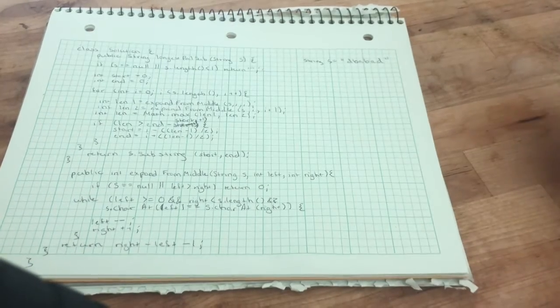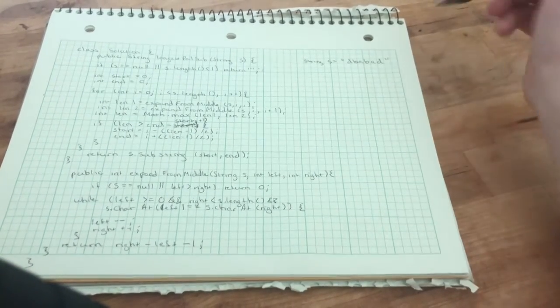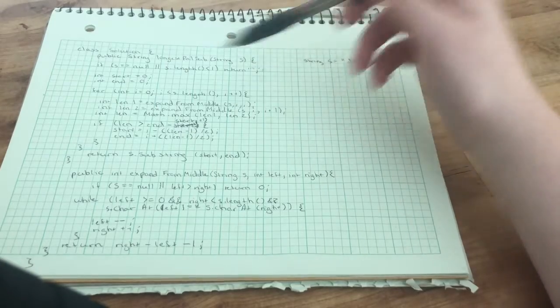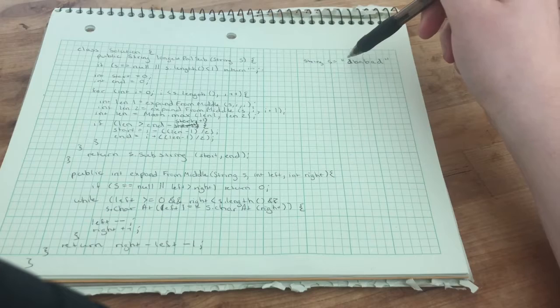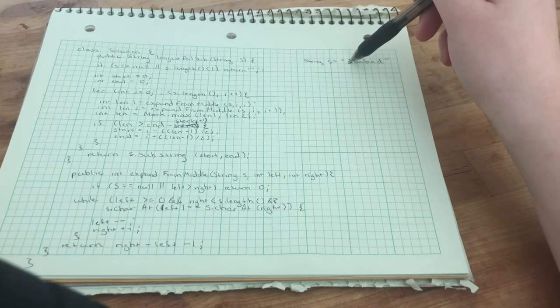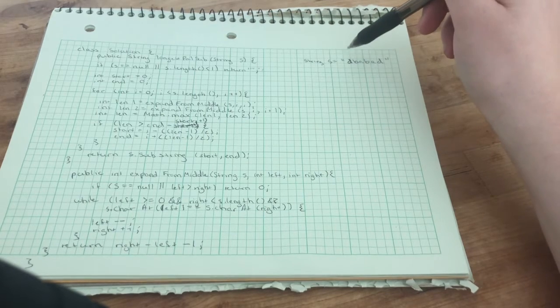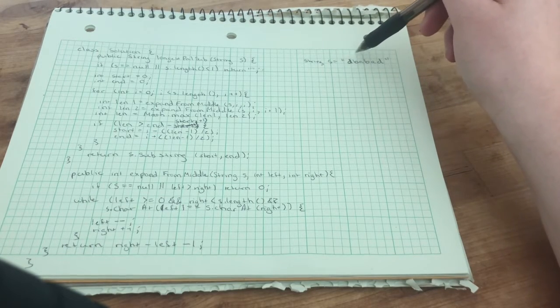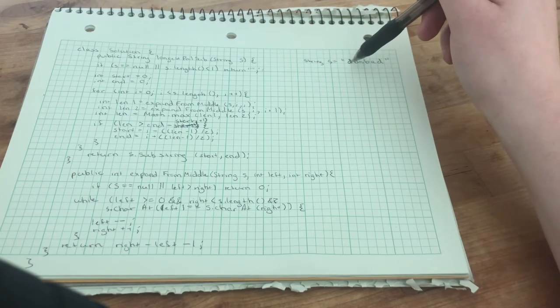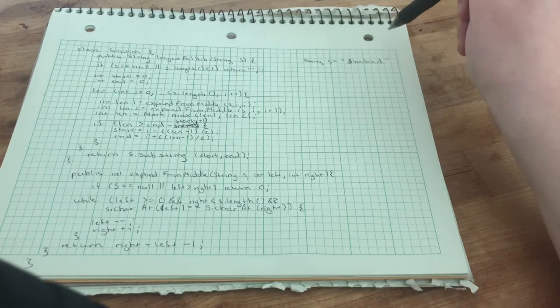Alright, so to solve this problem, I'm going to have a for loop, and we're just going to be going down and looking at each point to see if we are in the middle of a palindrome. So we would start with the first index, and then we would expand one way or the other to see if the characters on either side are matching.